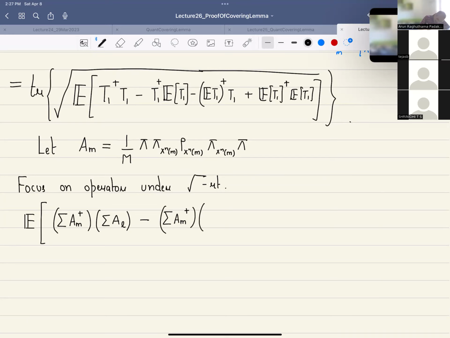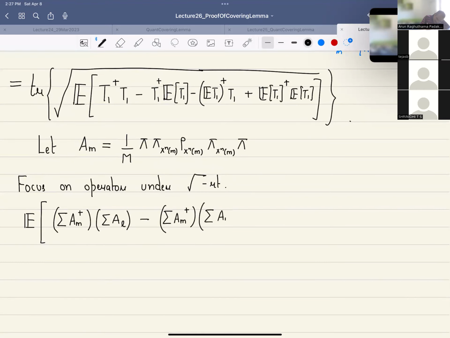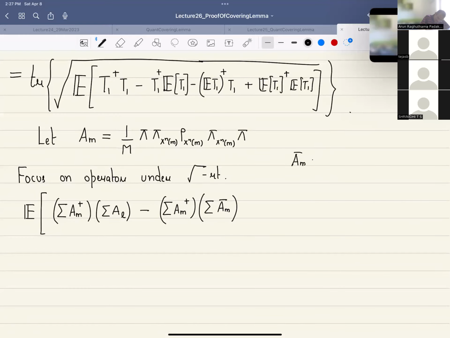Can I say this? So A_M bar is the expected value of A_M. Maybe.